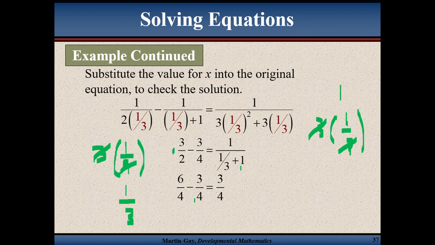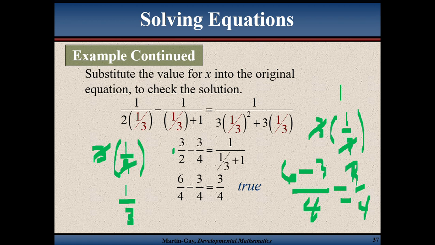So, check na natin yan. Actually, ayan, parehas na siya. Di ba remember, 6 minus 3/4 is 3/4. Di ba? Kaya yan, parehas na siya. So, tama yung sagot natin.